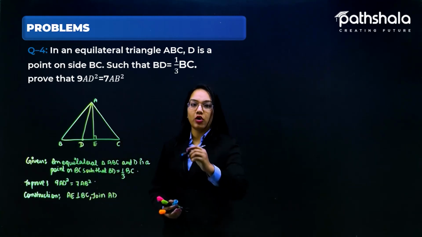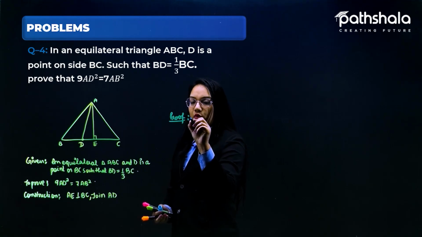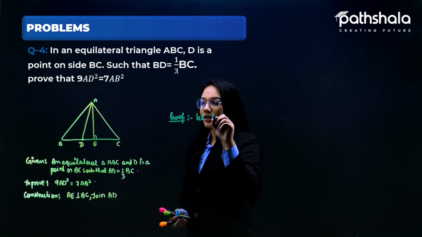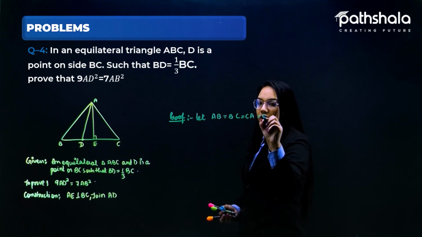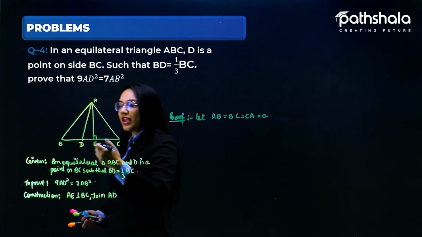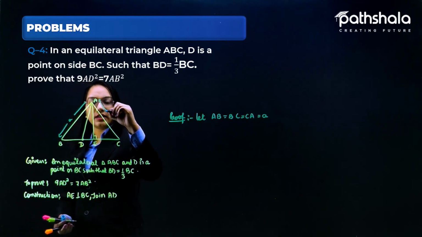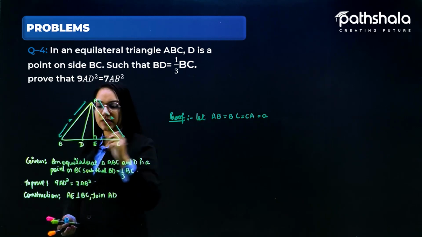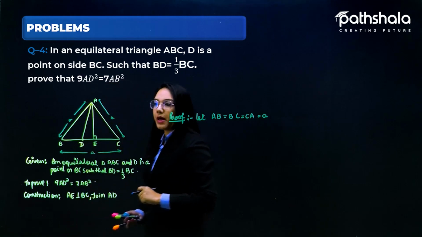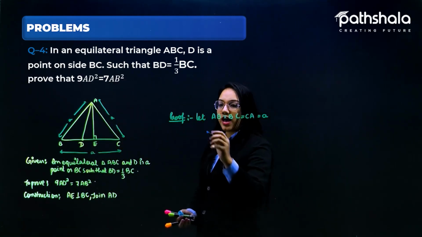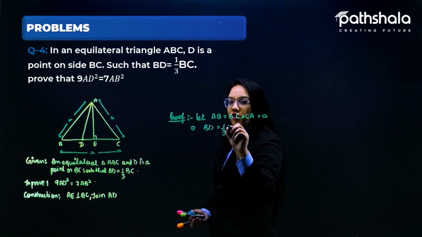So first of all, for this question, we'll start the proof as: let AB is equal to BC is equal to CA is equal to A. So I'm just taking all the sides as A. If this side is A, this side is A, and this whole side is A, then by the question we know that BD is 1/3 of BC.